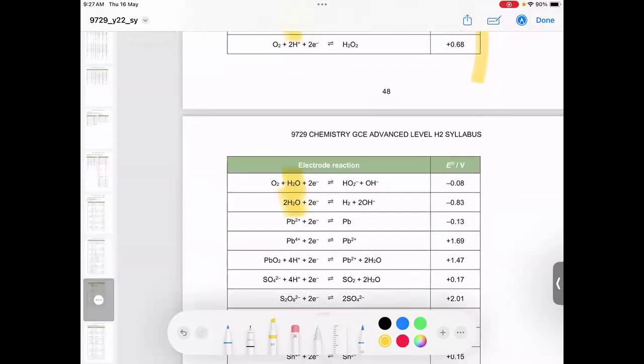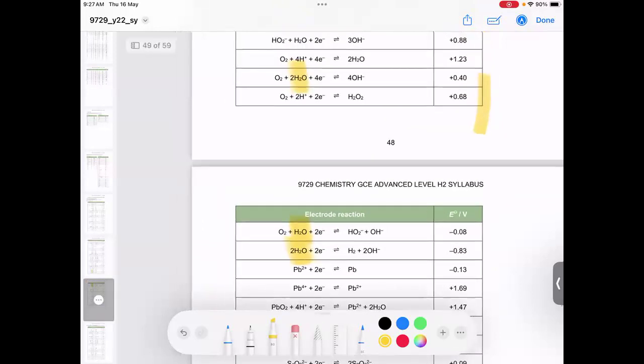So which one should I choose? If I base it on the one that is more positive, then I should choose this as my equation. But please take note, for you to choose this, the question must describe the presence of air, or air is bubbled into the aqueous medium.